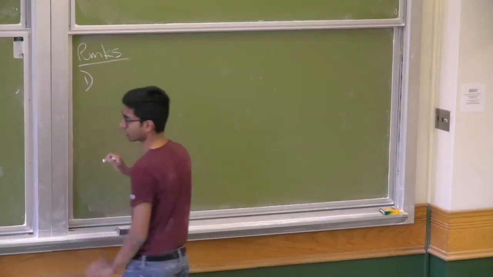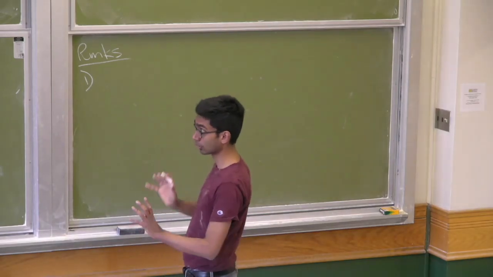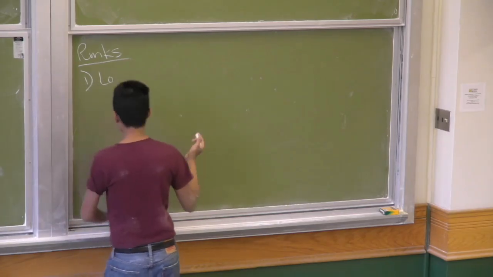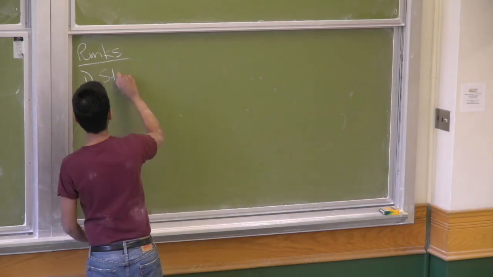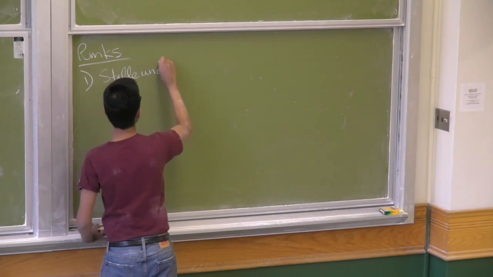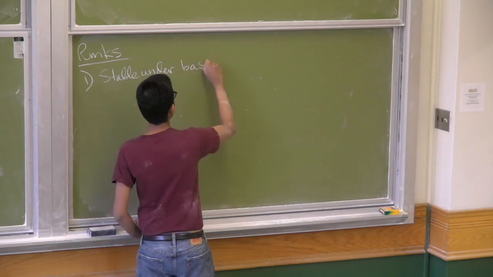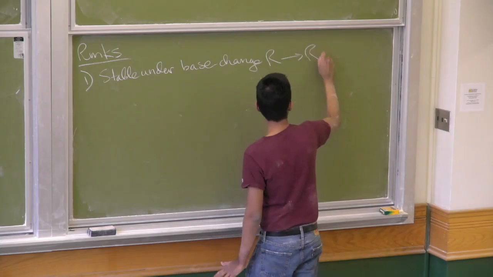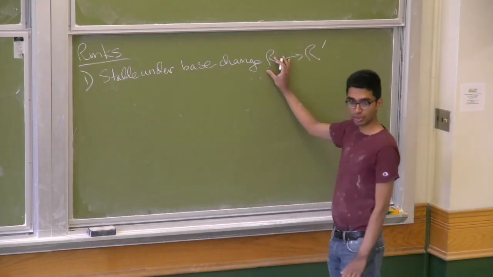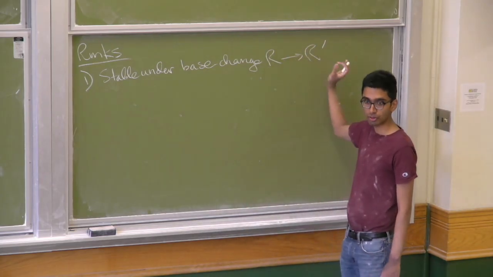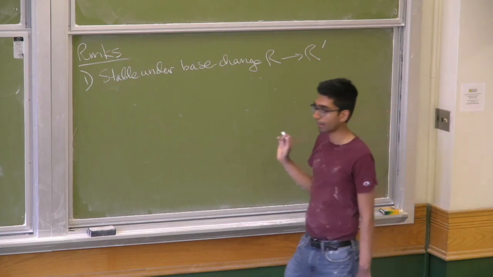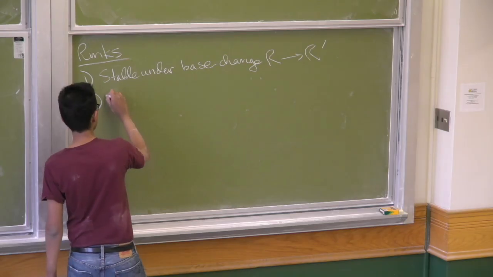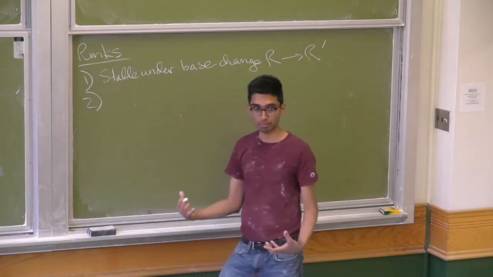The first statement is that it's local in the flat topology. One is that it's stable under base change. If you have a prosystem over R, and it's flat, then when you base change to R prime, it's flat. Second is that it descends under faithfully flat maps.